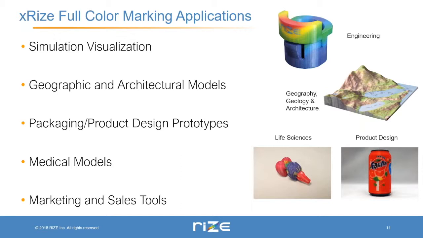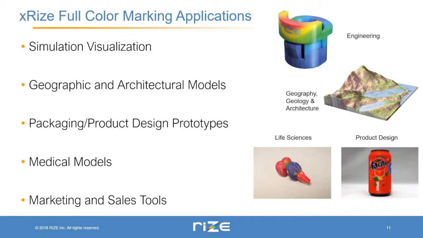Our next generation printer, the X-Rise, will have additional colors of inks that will allow you to print the full spectrum, and this can produce much more vivid and complex printed images and even text, and that's useful for a variety of different applications.